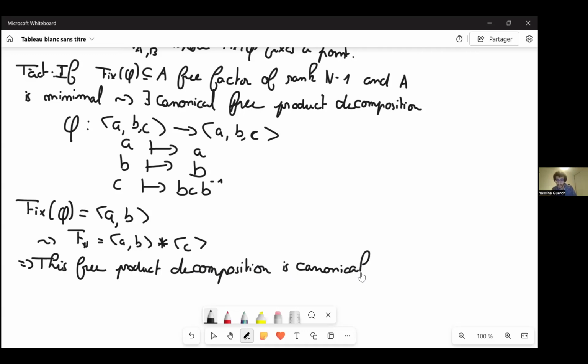It's canonical, meaning that the centralizer of phi preserves the free factor <a,b> and the free factor <c>.